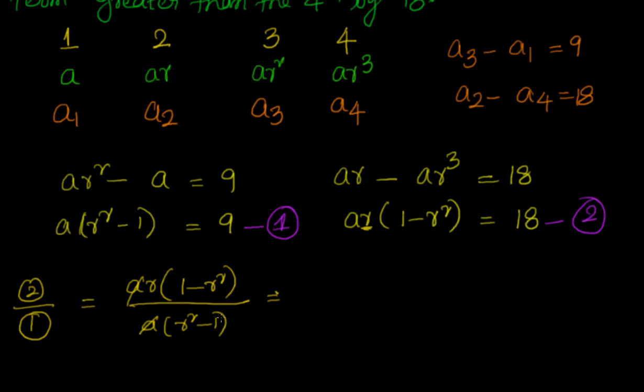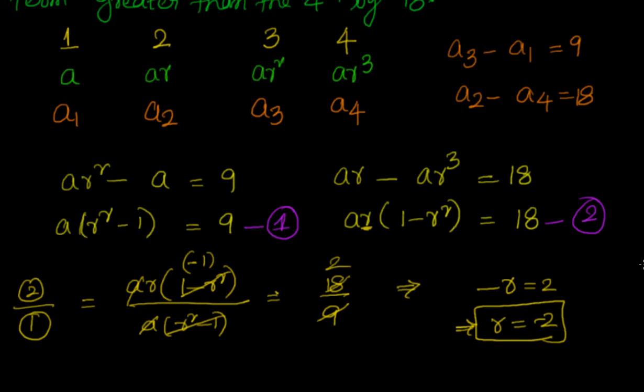A cancels out. R square minus 1 and 1 minus R square is nothing but minus 1. So this is equal to 18 by 9. That gives me minus R equal to 2, so R equal to minus 2.